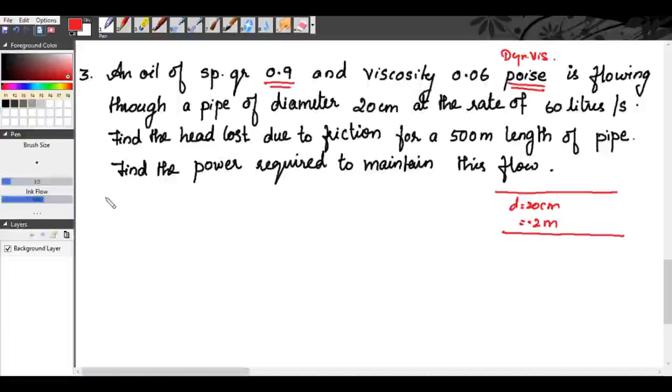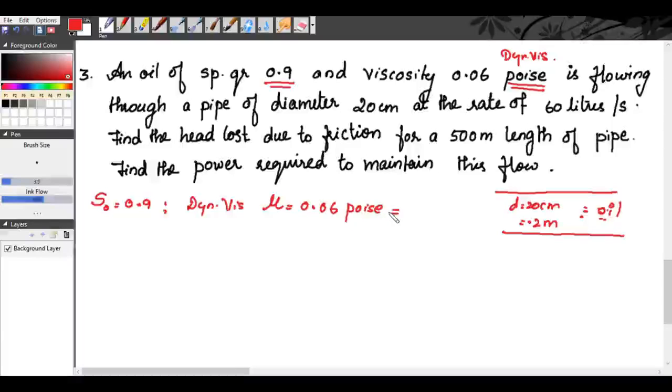The flowing liquid is oil, and the specific gravity of the oil is given as 0.9. The dynamic viscosity is represented by mu. So mu is equal to 0.06 poise.